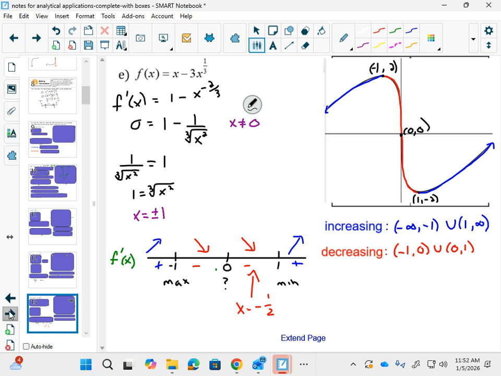I think it was a cusp. Remember the difference between a cusp and a corner? Have I ever told you the difference between a cusp and a corner? That's a corner. That's a cusp.